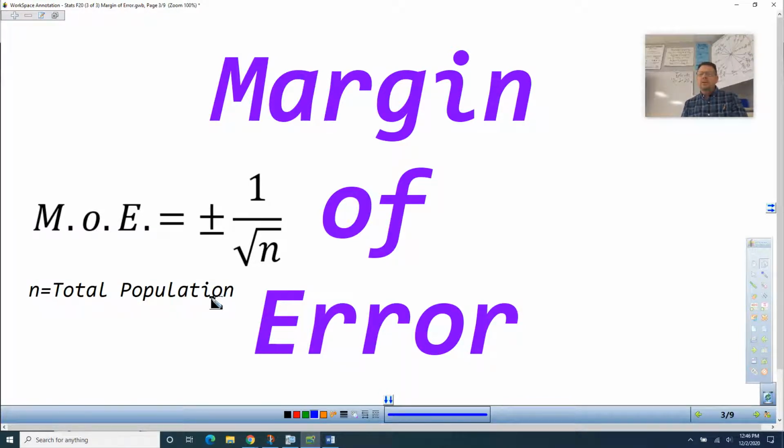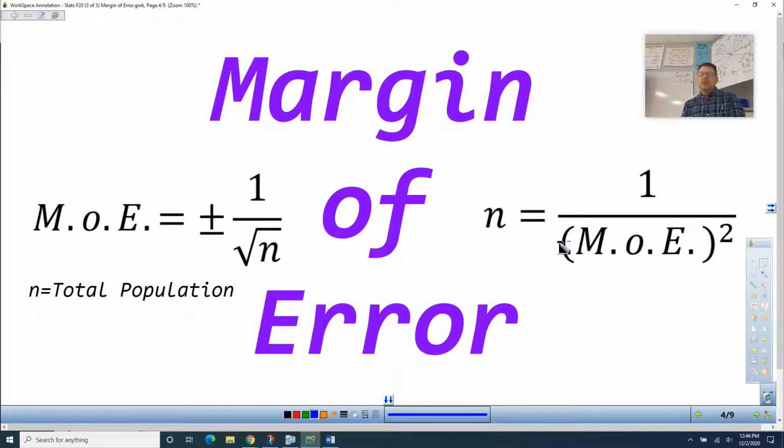But there's another way we could rearrange this. If I squared both sides and did some work on that, we could get a slightly different formula. This one is for when I already know the margin of error, and I want to know how many people I surveyed. What is the total population? So take the margin of error, square it, 1 over that, and that will give me my total population.